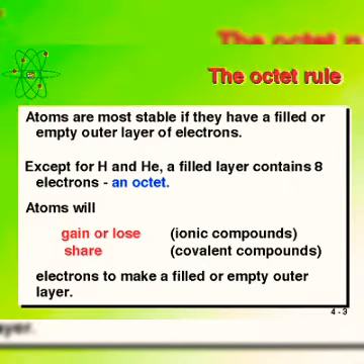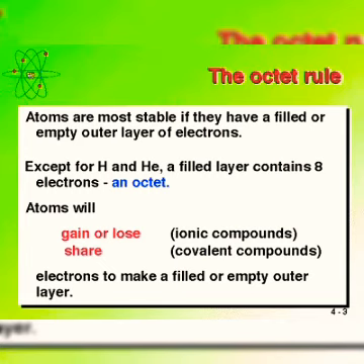Atoms are more stable if they have a filled or empty outer layer of electrons. Except for hydrogen and helium, a filled layer contains 8 electrons and that is an octet.